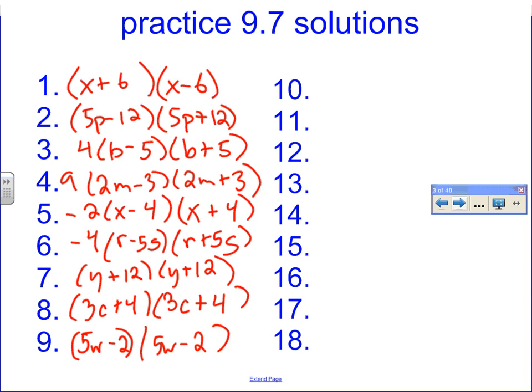Okay? Eric, you want to do the next one? Well, it was initially, and I'll come back to your question, but take out the GCF for number 6, which is negative 4, and then you're left with r squared minus 25s squared. That's the difference of perfect squares, Eric. So then you have to split them up, take the square root of each term, and I'll do it in a minute if you want me to.